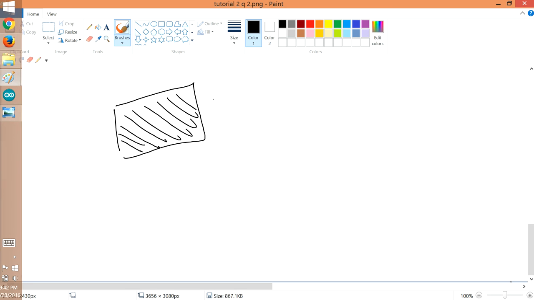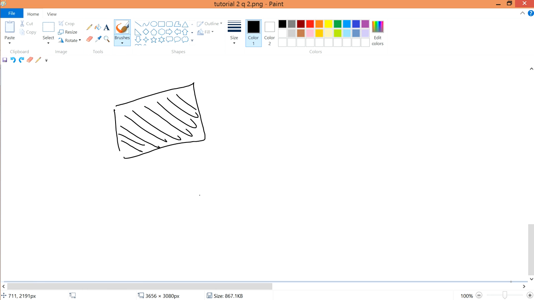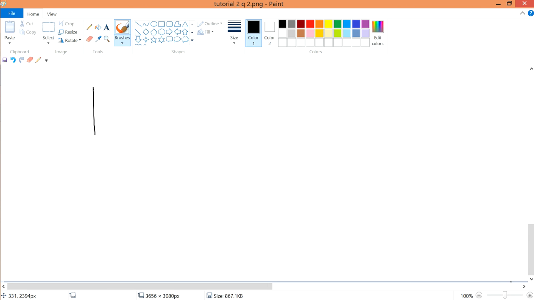The next thing is the understanding of the concept of stiffness matrix, the unidirectional and the woven roving, before we go on to the later parts. I'm trying to make the basics here kind of strong.